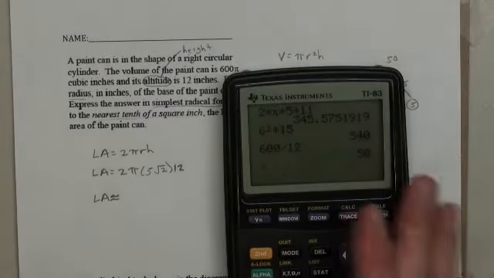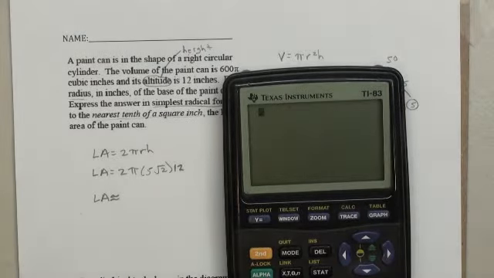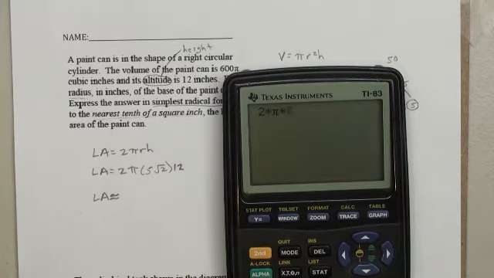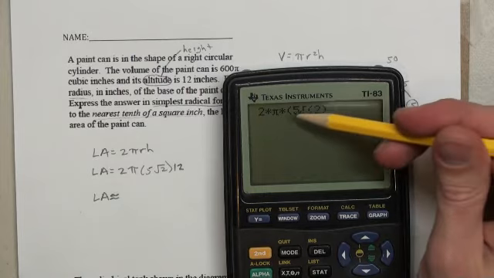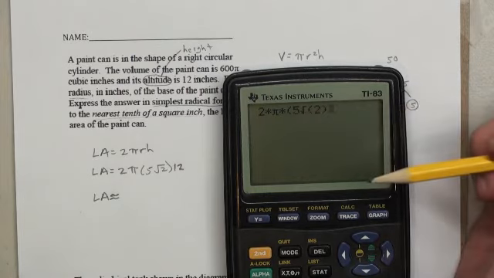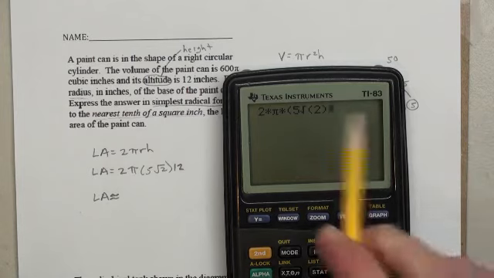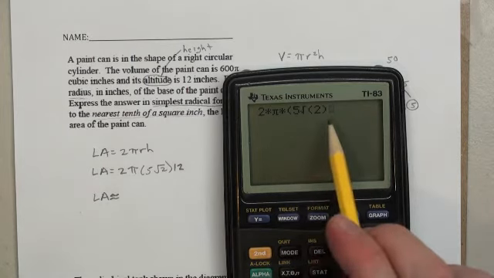Okay, so let's plug it in. 2 times pi times, now watch how I do this, in parentheses, 5 radical 2. Close the parenthesis around the 2, then I have to close the parenthesis at the beginning of the 5, right? For every open parenthesis, you need to have a closed parenthesis.